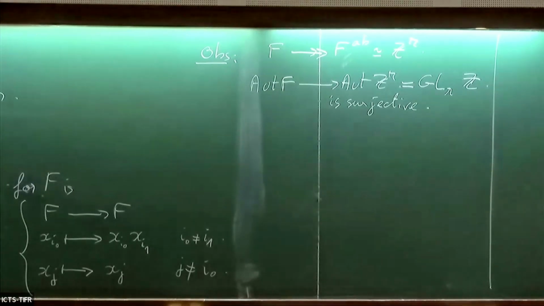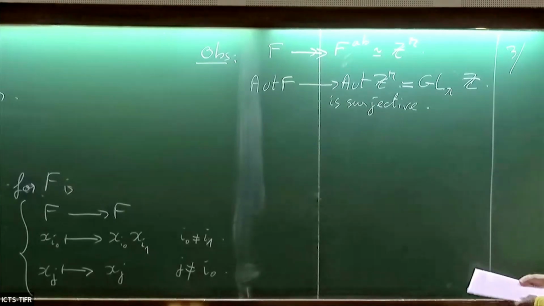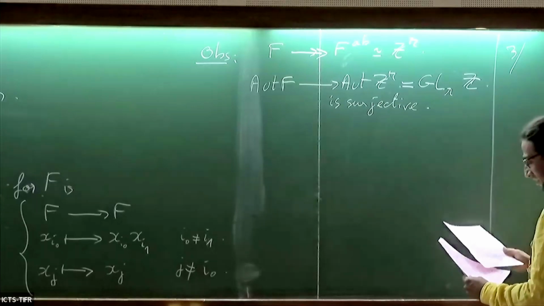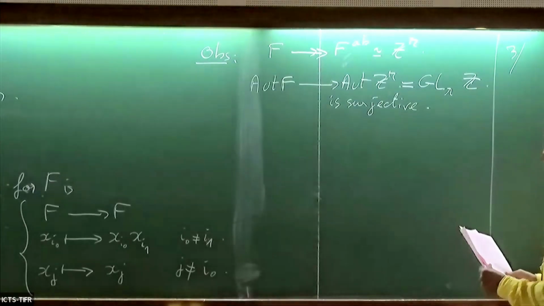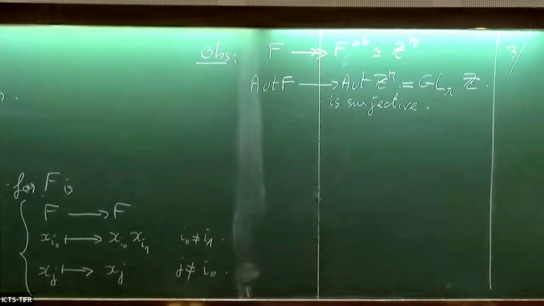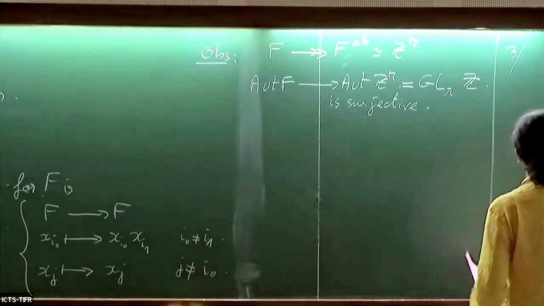So I'm going to pass part 3. And since there are only 4 parts in this talk, it means that we are almost done. Oh no, there are 5 parts, sorry. But we are almost done.